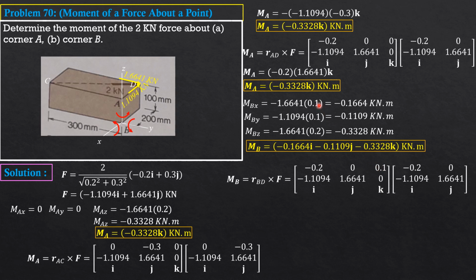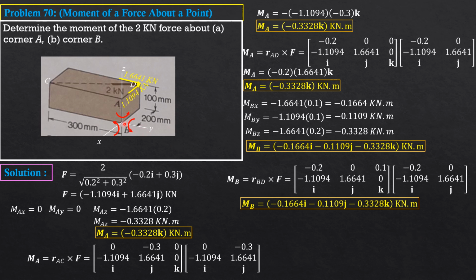Along J, negative 0.1 times negative 1.1094 minus 0. Then along K, negative 0.2 times 1.6641 minus 0. Therefore, MB is the same quantity: negative 0.1664 I minus 0.1109 J minus 0.3328 K kilonewton meter.